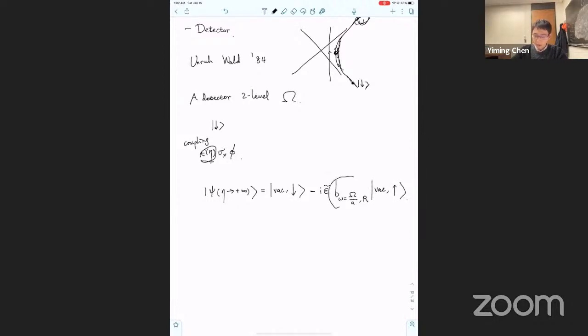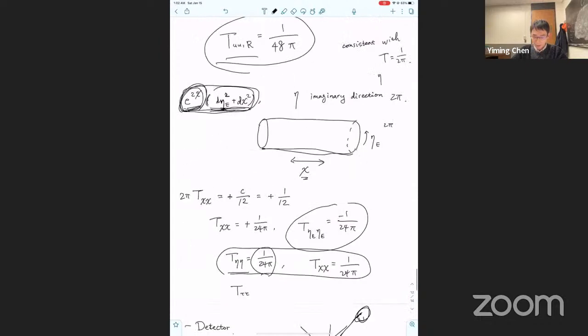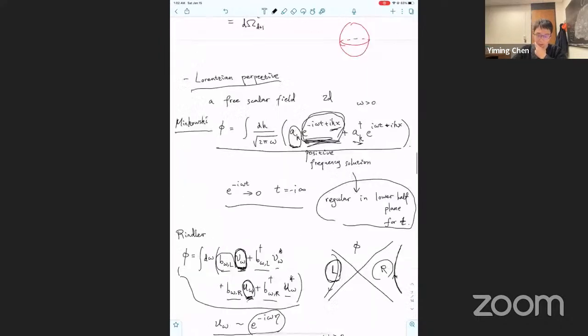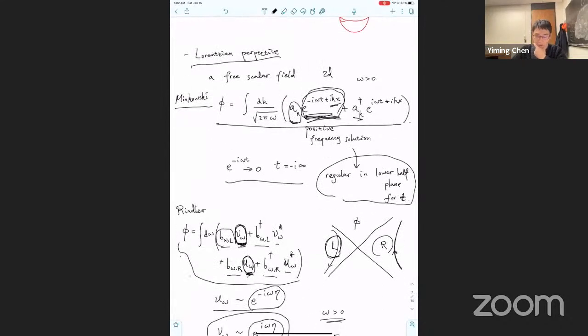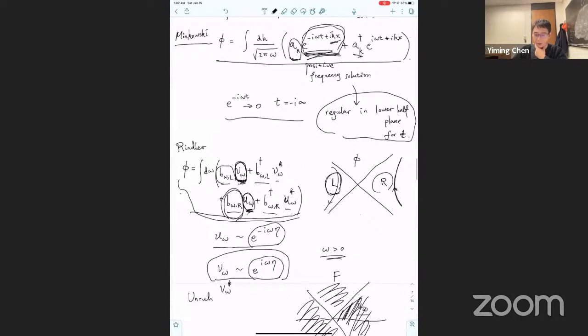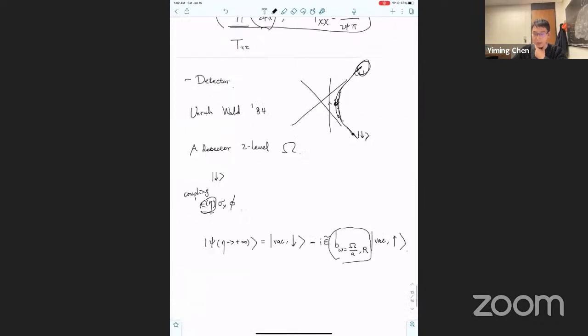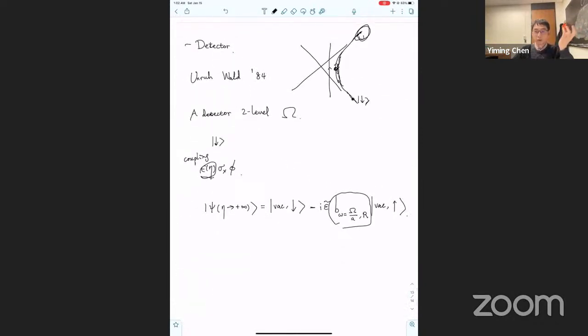Let me remind you what this b is. That is the operator that we defined when we wrote down the Rindler mode expansion, and it's an annihilation operator in the right Rindler wedge. The reason it is an annihilation operator is because we know what happens from the Rindler observer's point of view: my detector detects a particle from the environment.